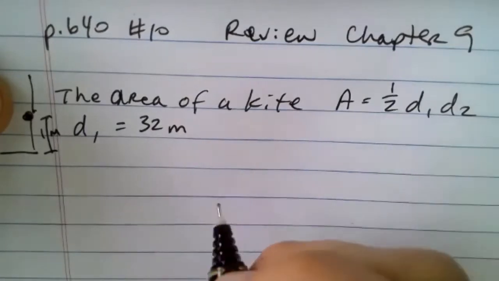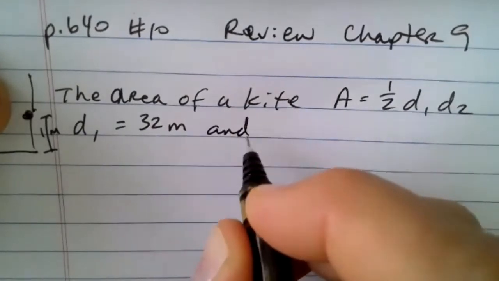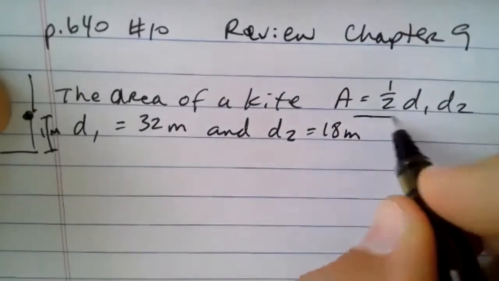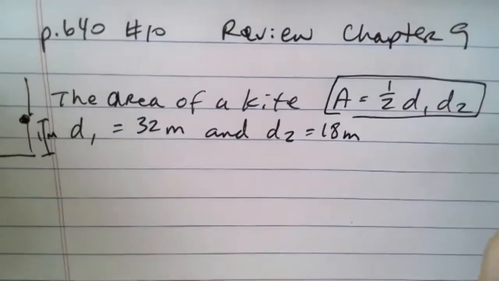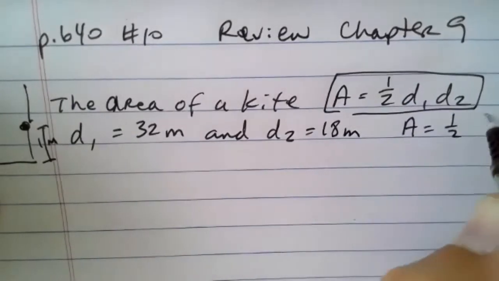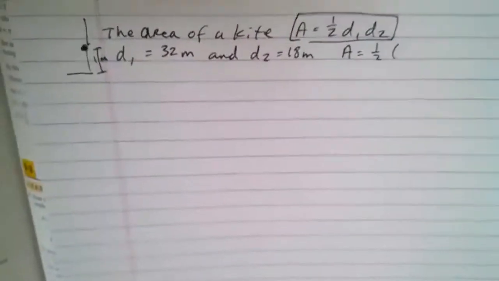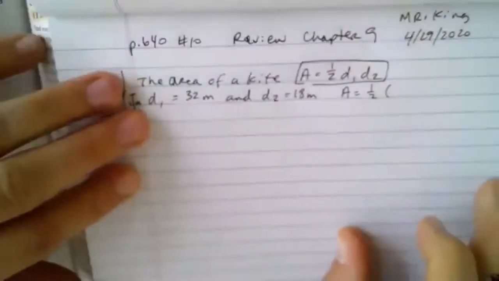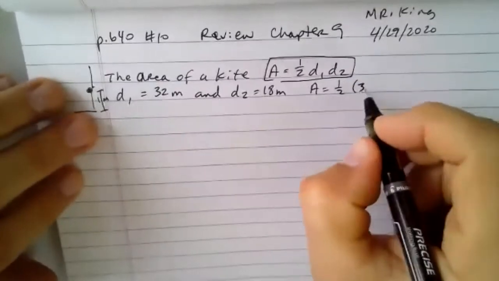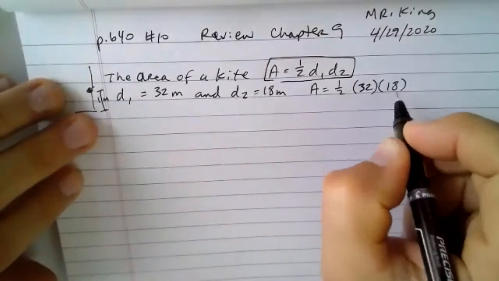All right, and your d2 is equal to 18 meters. So let's fill in the blanks here. We're going to take this and fill in the blanks now. So A equals 1/2 of 32 and 18.